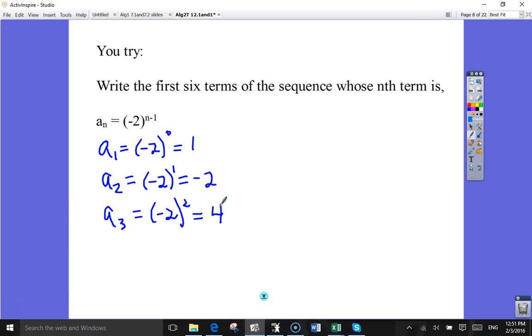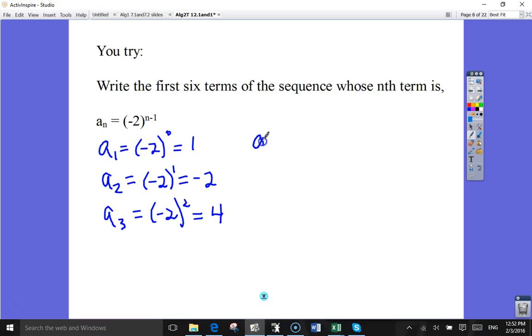When you plug in n equals 2, then you're taking -2 to the first power, right? Which means it's going to be a negative number. But when you plug in n equals 3, now you're saying -2 to an even power, so that negative times negative makes positive. So it's going to alternate signs, which is common, right? It'll alternate signs. So it's 1, -2, 4, then what's the last 3?